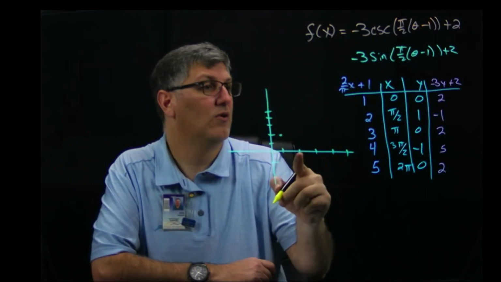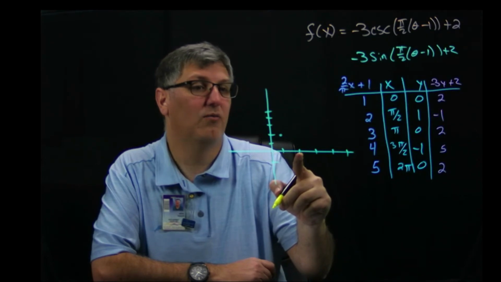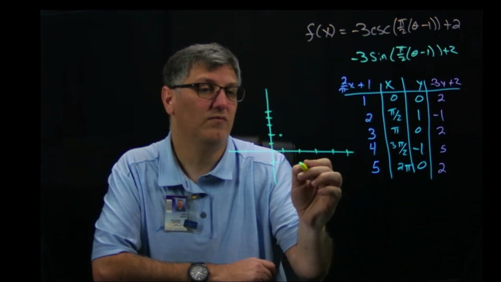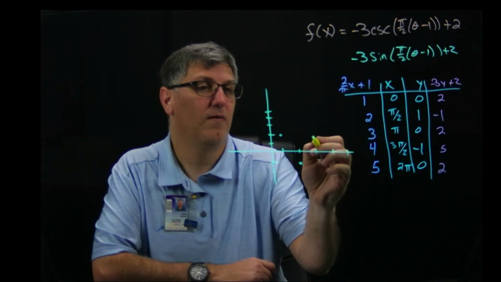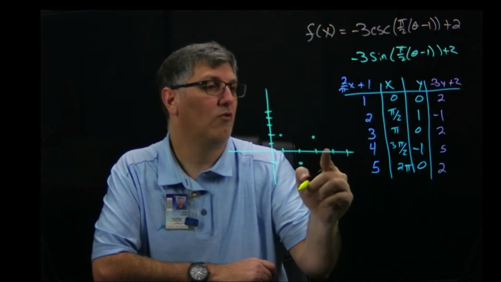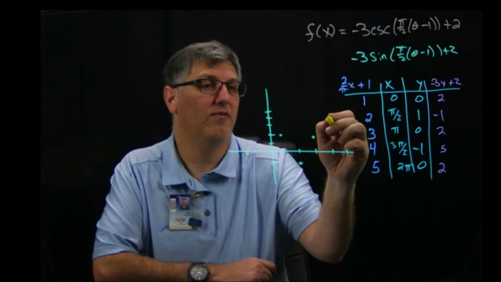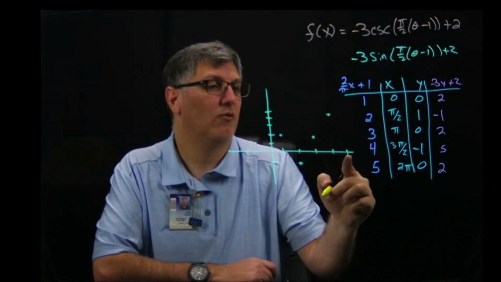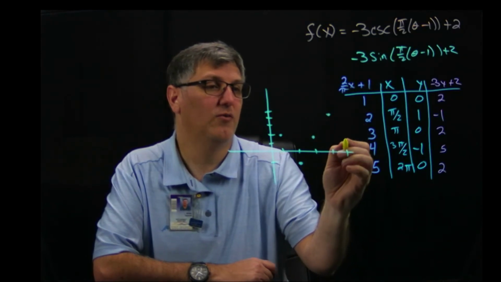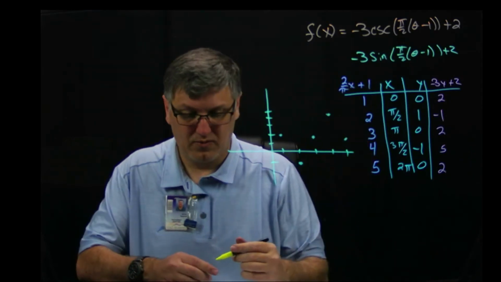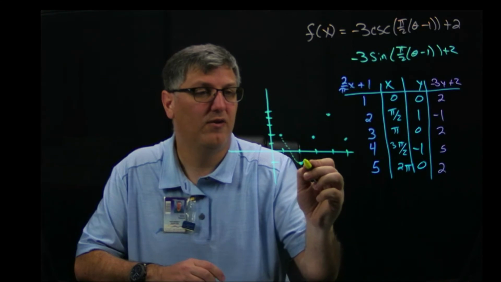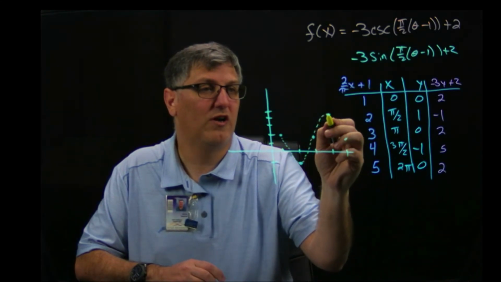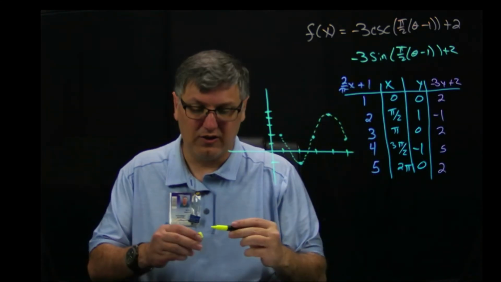Then 2, -1. Then 3, 2. Then 4, 5. And 5, 2. All right, and here is my rough graph that I'm going to use to construct my cosecant.